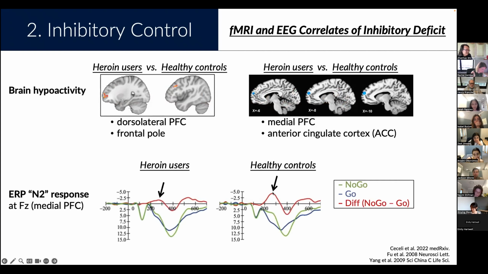You can see that healthy controls have a higher electrophysiological response during this time compared to the heroin users, which is consistent with the fMRI findings that these patients probably have some sort of deficit in the prefrontal cortex in response to inhibition.